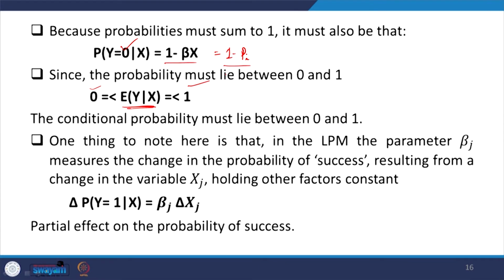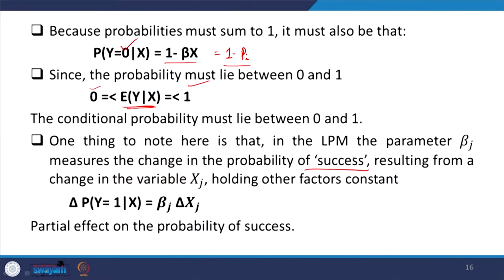Now, one thing to be noted is that in the LPM, the parameter Bj, that is beta, measures the change in the probability of success resulting from a change in the explanatory variable xj, holding other factors constant. It is specific to the probability of success only, when y is equal to 1.